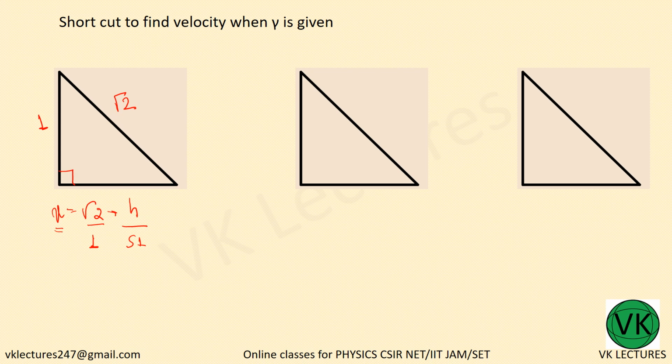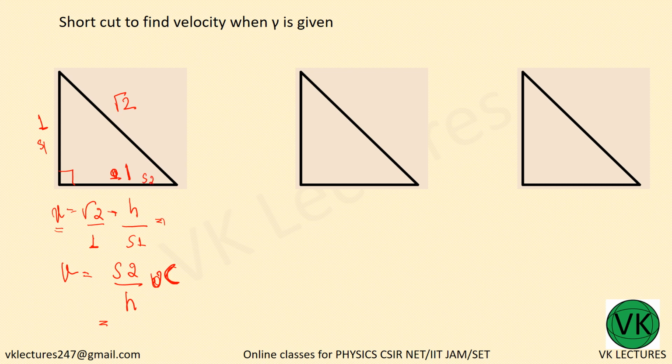Now what is the velocity? How will you find out velocity? Velocity is nothing but side 2, that is the other side, divided by hypotenuse, into c, where c is the speed of light. But what is side 2? Side 2 will be 1, right? This is side 1, this is side 2.